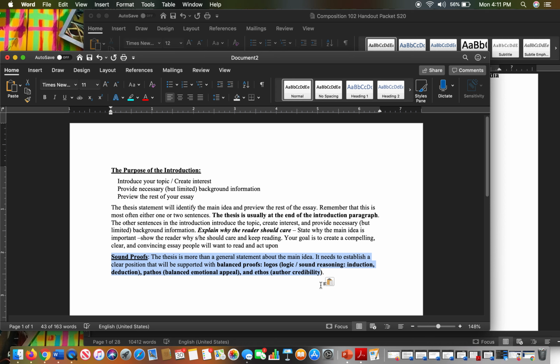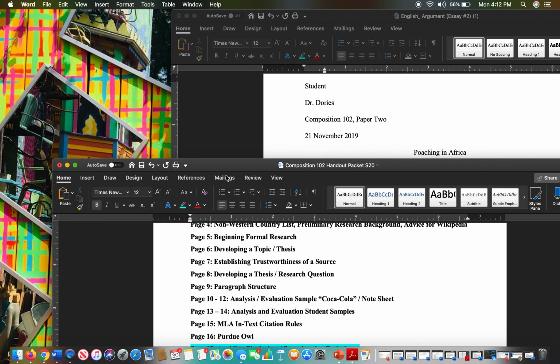We're going to look at one introduction that's an exception to that rule, but in most cases that'll be the rule. Also, you want to have an emotional appeal or pathos for your audience, and you want to establish credibility, which could just be using the terminology of your field to make it clear that you've read and know a lot about this subject, or it could be using quotes and citations, but in some way you need to establish your credibility.